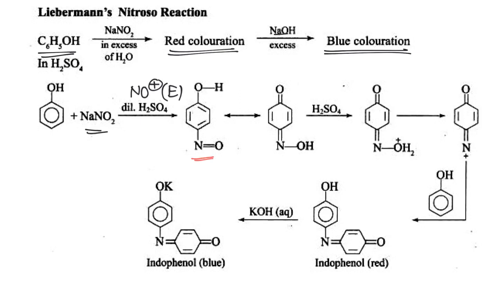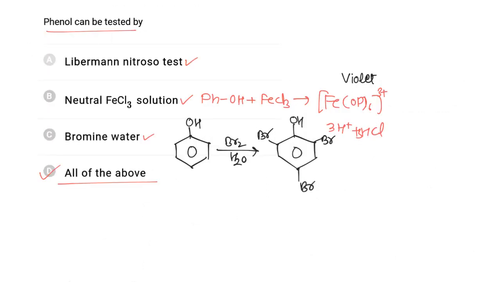So para-nitrosophenol is formed, which will tautomerize to the oxime. On reacting with H2SO4, it will give this cation, which will combine with another molecule of nitrosophenol. So indophenol is formed, which is a red color dye, and this red dye will change to indophenol blue dye. So finally blue color is formed, and this test confirms the presence of phenol, and hence the correct answer is D. They all give the presence of phenol.